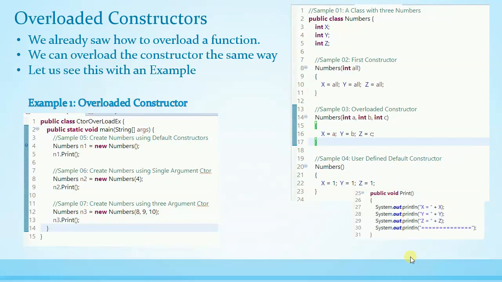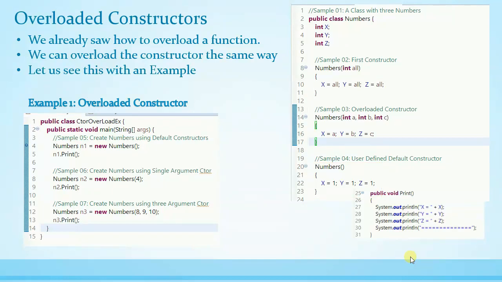Here at line number 4, numbers n1 equal to new numbers. If you see here, we are constructing the object without any parameter. That means it lands up in the constructor which is defined between line 19 and 23.